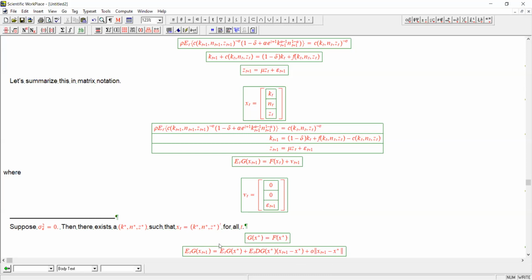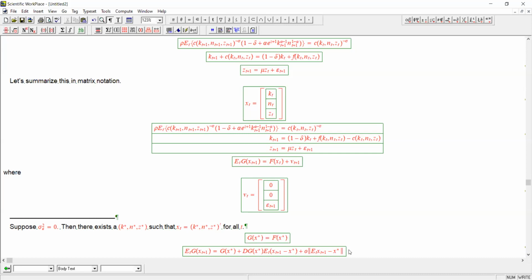Although, observe that there is no uncertainty here about g of x star. Those are just numbers. And there's no uncertainty about d of g either, evaluated at x star. Those are also just numbers. The only uncertainty here actually has to do with this. And I guess here we can put the expectation inside the small o.